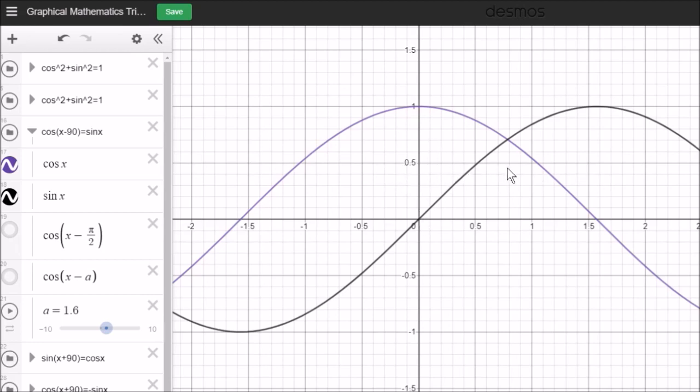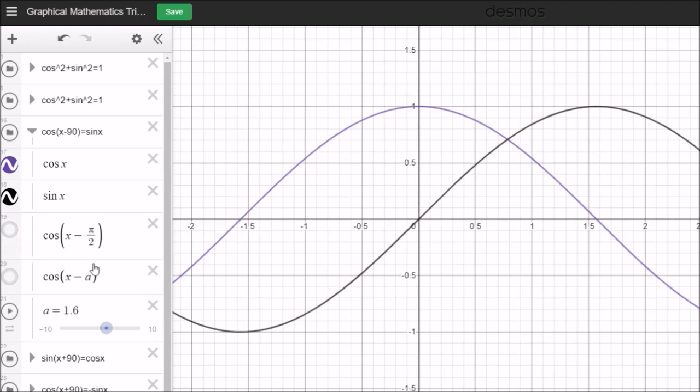So we shift it to the right by 90 degrees, and this cosine function will sit on top of the sine function. So we'll have cos of x minus 90 equal to sine of x. Pi by 2 is actually 90 degrees. This is our radian measure, which we'll look at in a different video. But whenever I click on this, it'll just sit right on top of the sine x function.